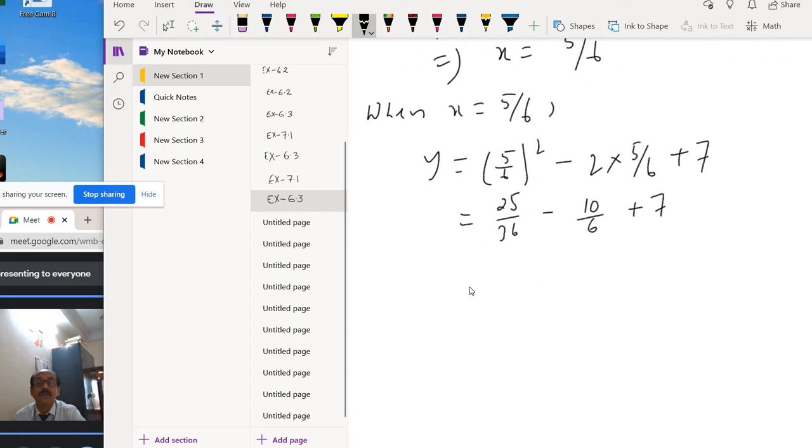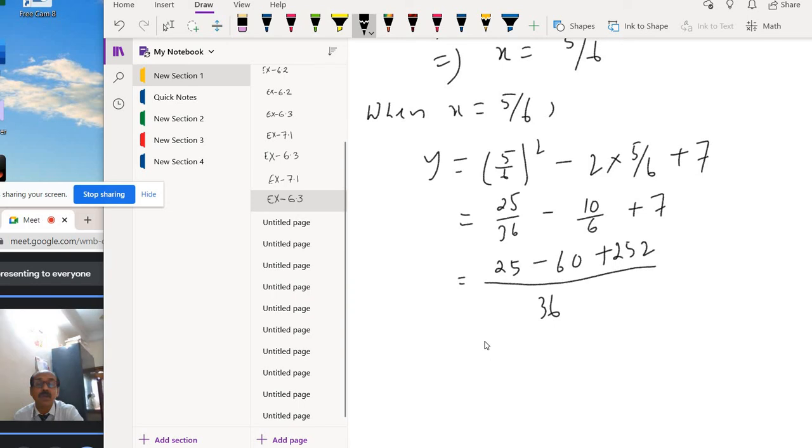Okay, now 36 is the LCM. So 25 minus 6 into 10, 60, plus 36 into 7, 252.